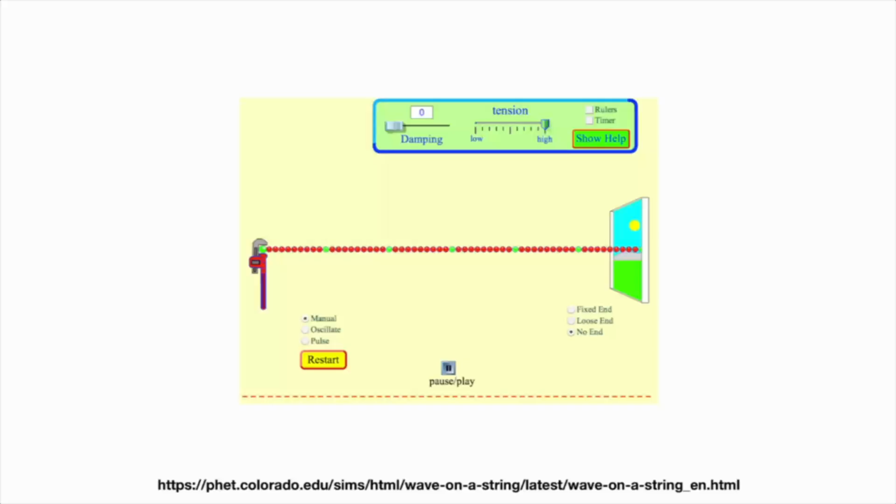So what I want to do to try to get into this idea of wave and wave motion is run a simulation. The reason we're going to use a simulation for this is that it can be really hard to see what's going on in a wave without slowing it down.